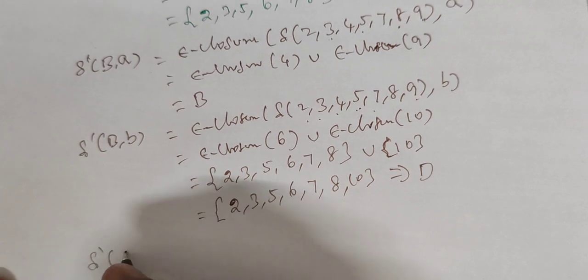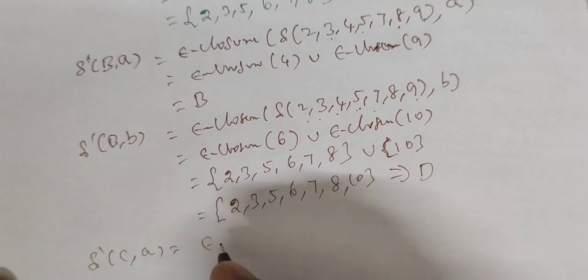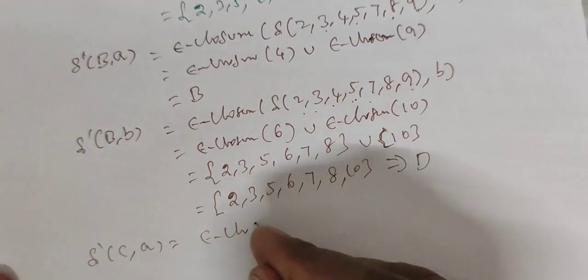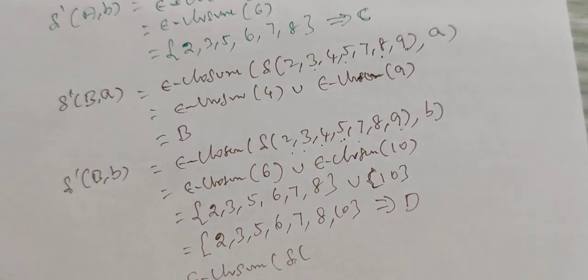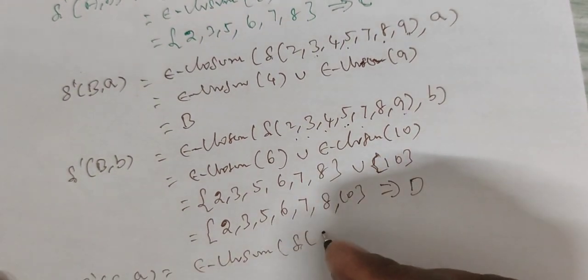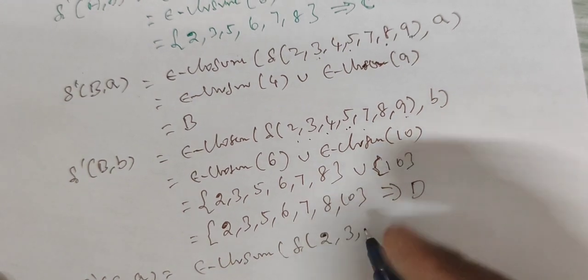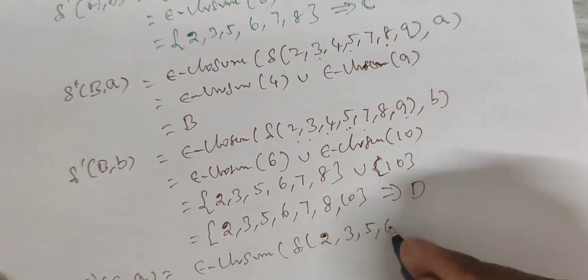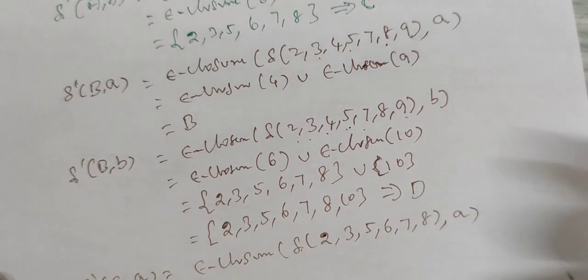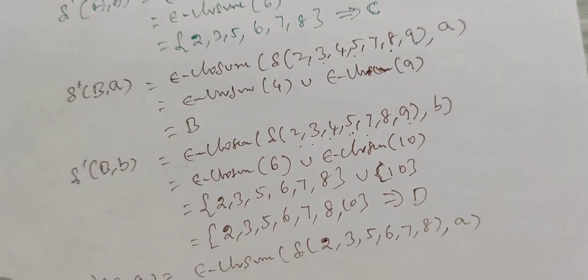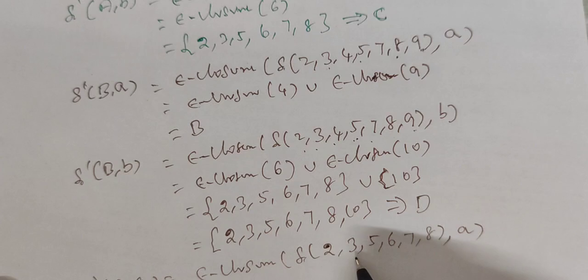So delta dash of C comma A, which is equivalent to epsilon closure of delta of, so what is C here? So C is 2, 3, 5, 6, 7 and 8. Now we apply A. Now A can only be applied on 3, it goes to 4, and A can be applied on 8, when it goes to 9 here. Okay.